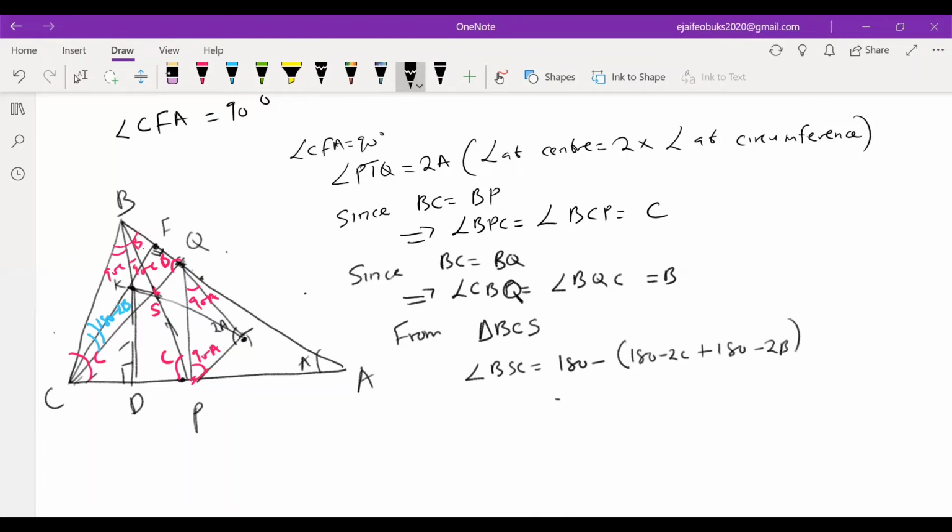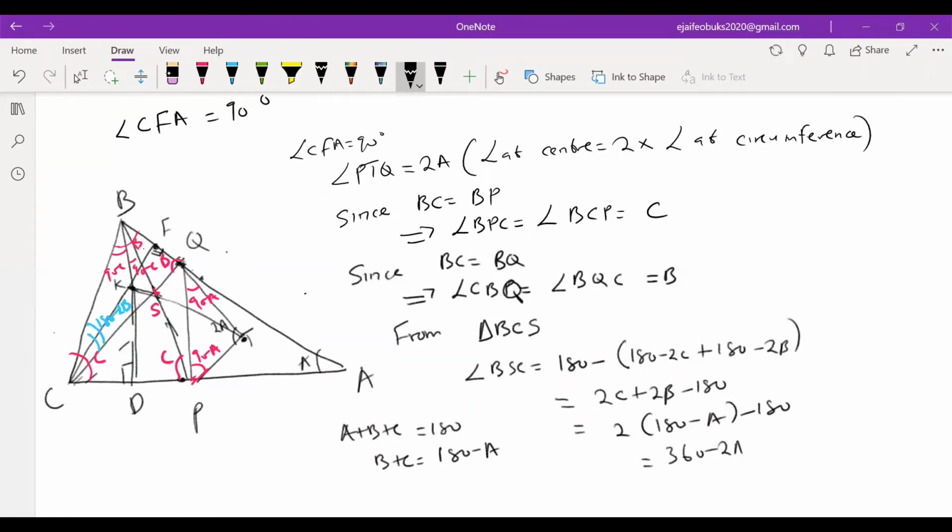If you do this correctly, you should have something like 2C plus 2B minus 180. And if we recall, A plus B plus C is 180 from triangle ABC, and that means B plus C is equal to 180 minus A. So this is 2 times 180 minus A minus 180. This is 360 minus 2A minus 180. This is 180 minus A. Angle BSC in triangle BSC is 180 minus A.